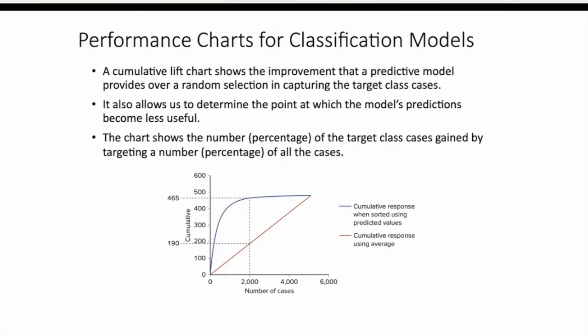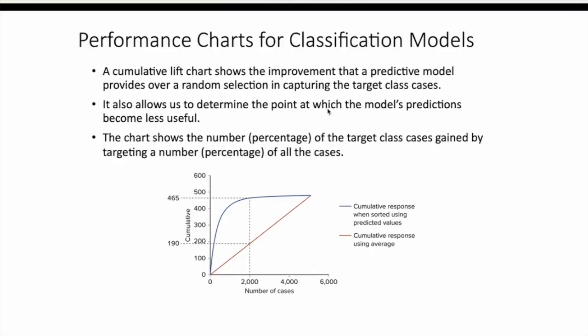For instance, in this example, 475 of the 5,000 total cases belong to class 1. So the slope of the diagonal line is about 0.095 if you divide 475 over 5,000.